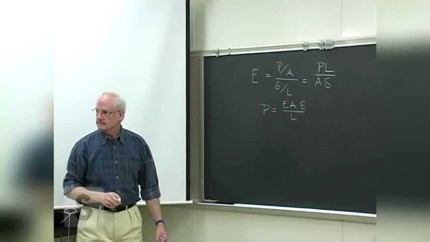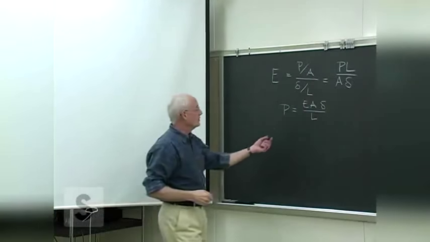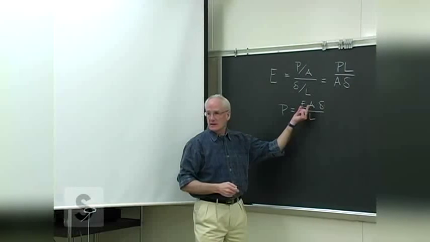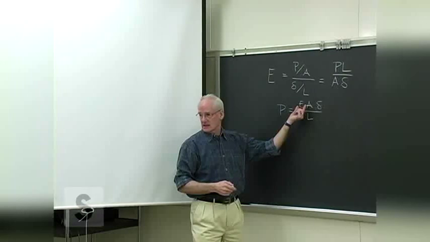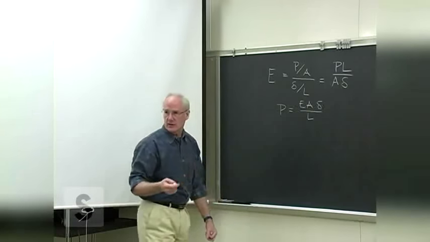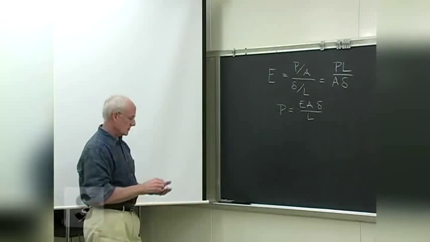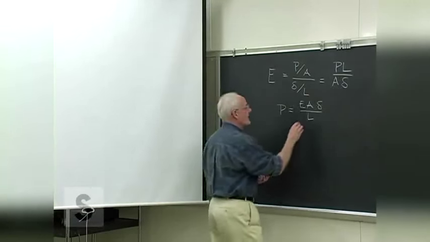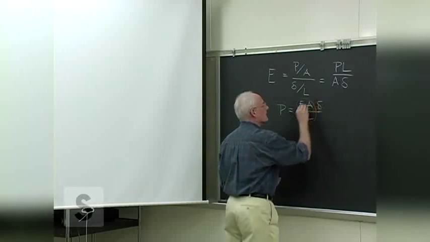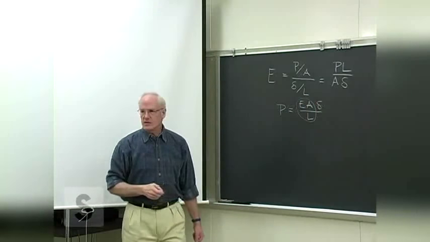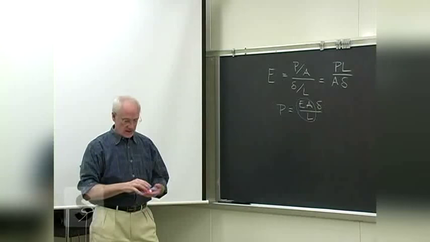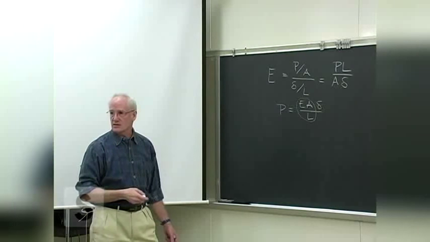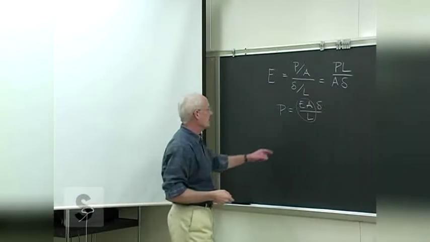Yeah, that looks good. One thing we'll do on a lot of problems is put this E and this A together as a single number for a particular problem, because those are essentially constants. In fact, all three of those numbers are really nothing more than constants as far as a problem is concerned.